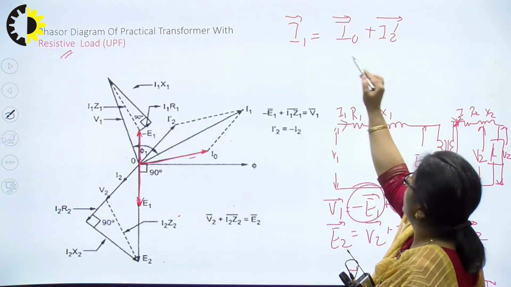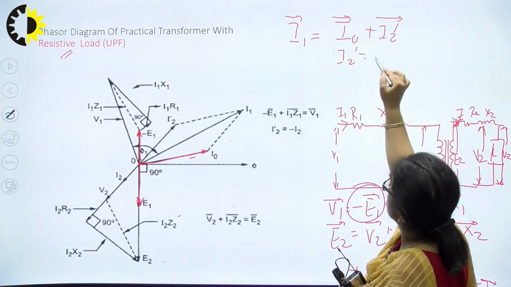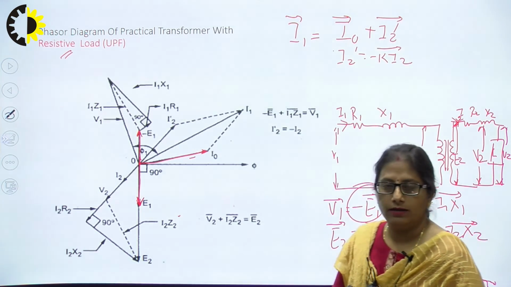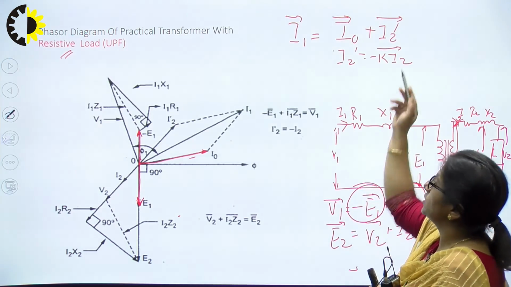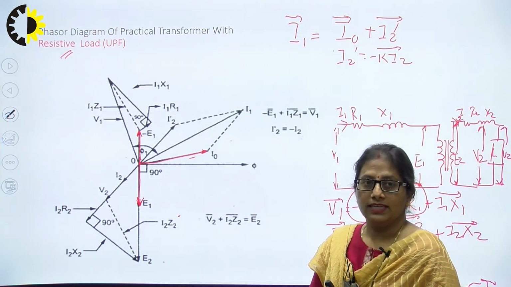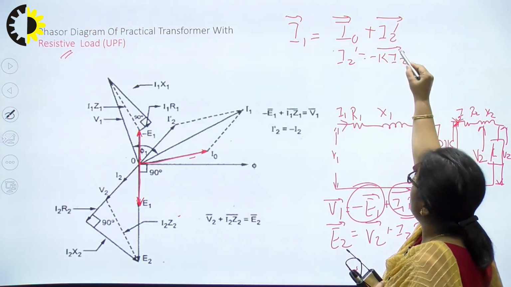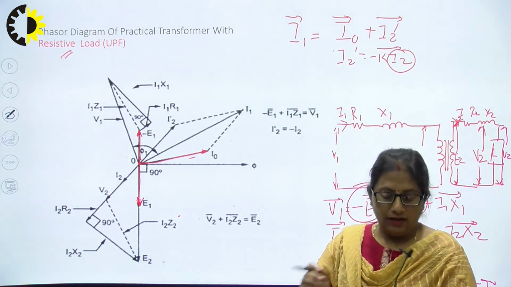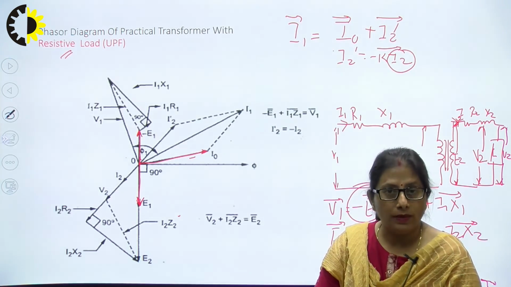But what about I2 dash? I2 dash is minus k times I2. Say k is 1 for me, assuming that, so it has to be minus of I2. To see I2, I have to see the kind of load being connected.